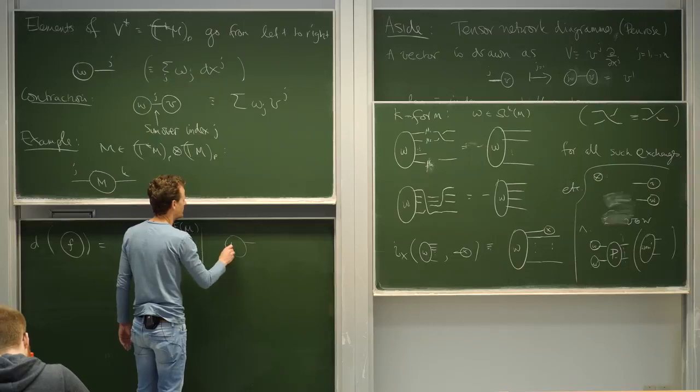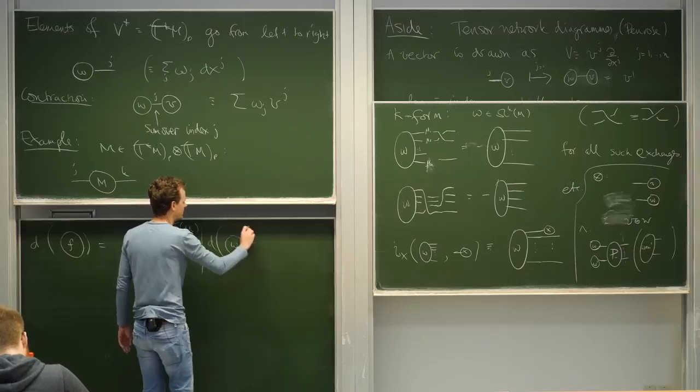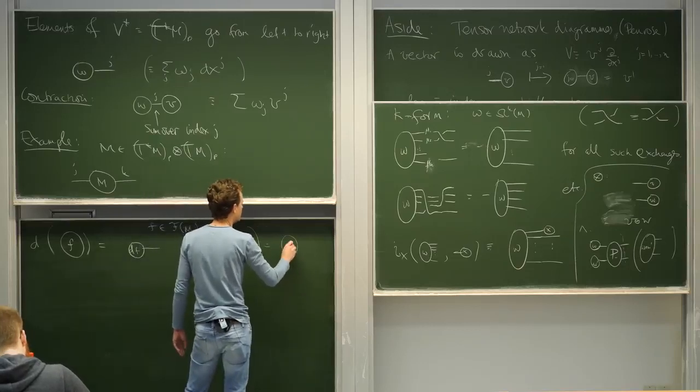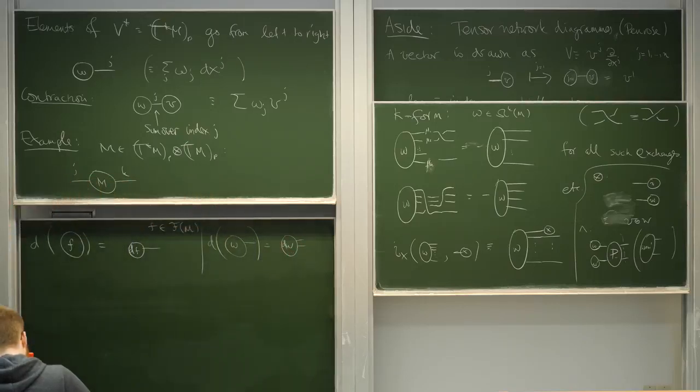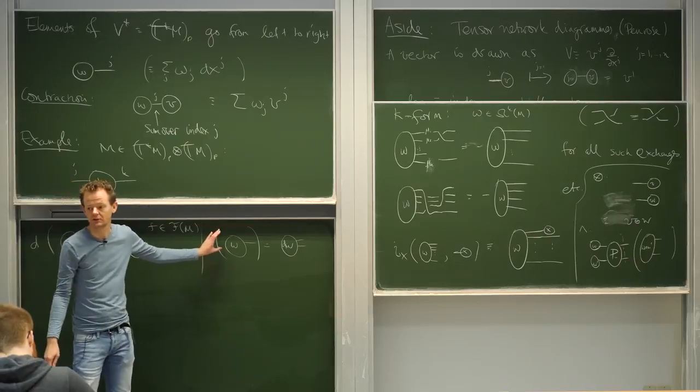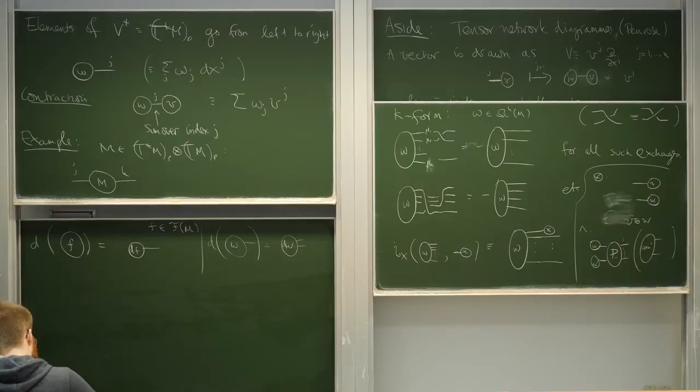We have a one-form omega, then d on that diagram produces a new two-form like that, and so on. So it's possible to represent these operations diagrammatically, but there'll be a point of diminishing returns where this diagrammatic calculus becomes less useful.